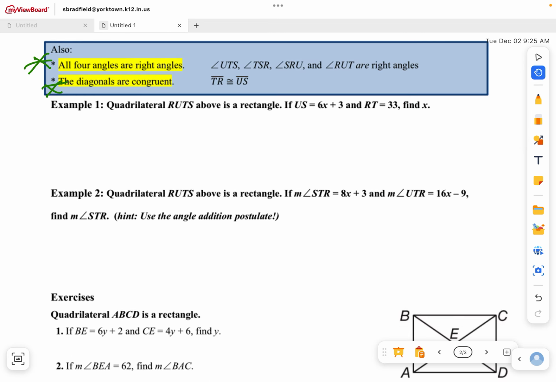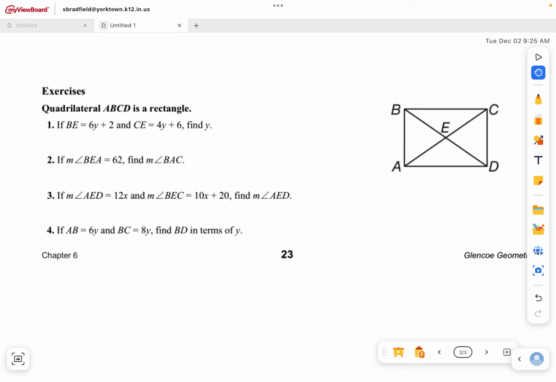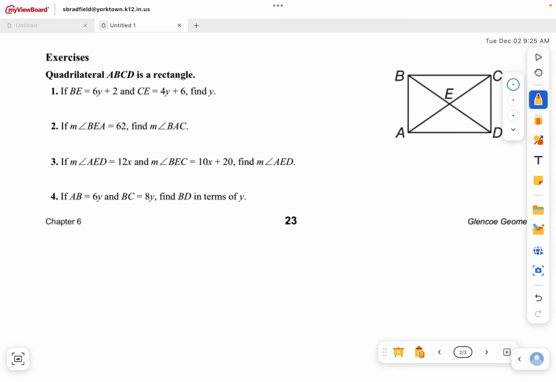Then we worked the first 2 examples, and for some classes we started this extra exercises. So let's look at number 1. We have BE and CE. We want to find the value of Y. Well, here's BE and here's CE.